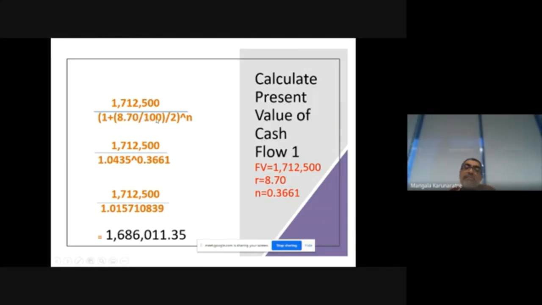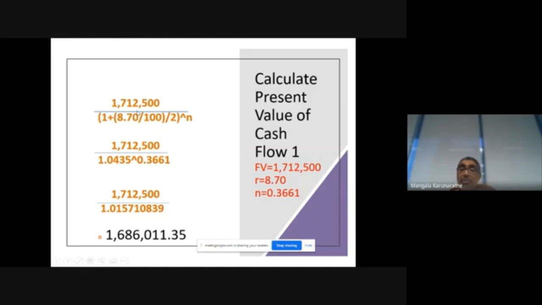So I divide it by 100 because it's a percentage, right? 8.7%. I need to adjust this interest for this particular coupon period. This rate is for one year, so I divide it by 2 because I am talking about a 6 month period.